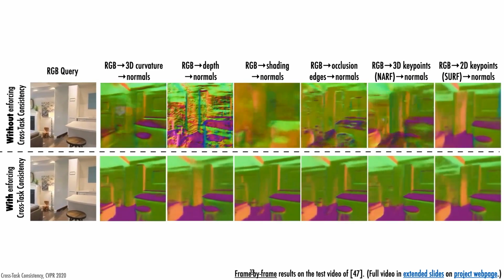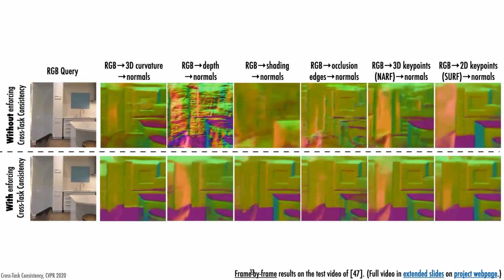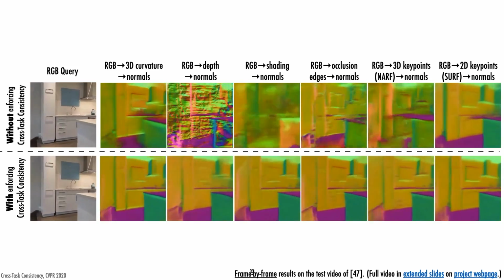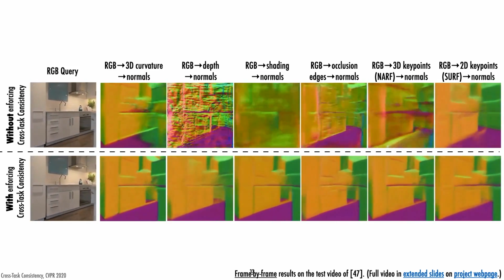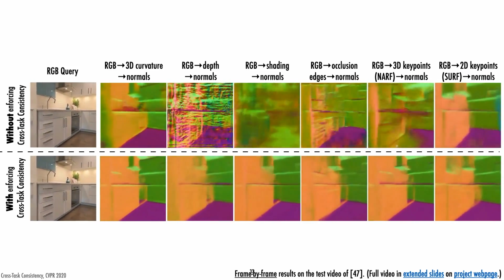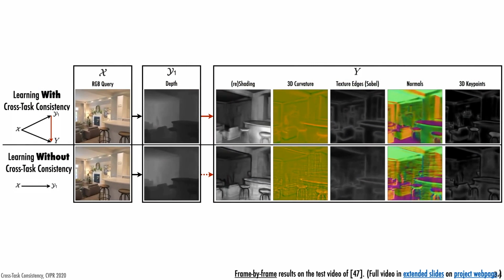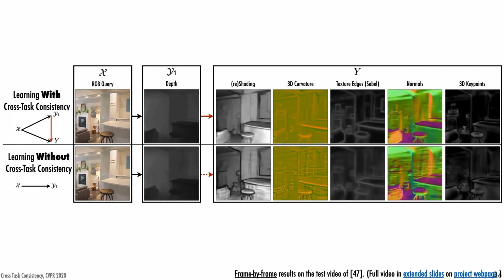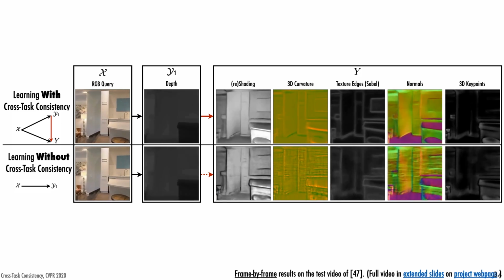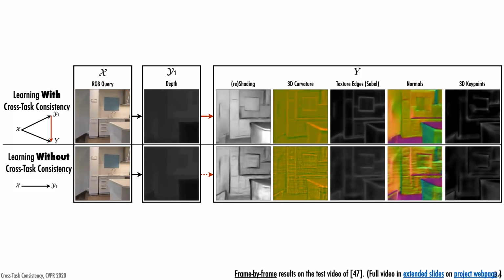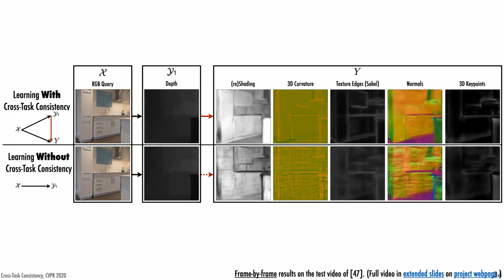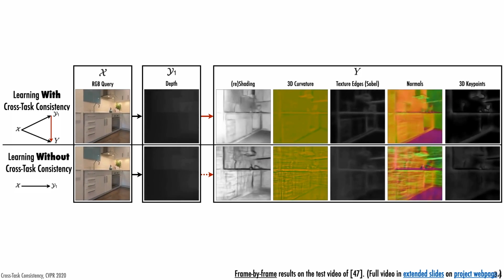So this is, again, for a triangle, extend that to many domains. So we make the middle domains consistent with all other domains if you can solve this for a full graph. This is another way of seeing the same results. Here you go from RGB to depth and then project depth onto the alternative domains. The lower row shows that without learning with cross-task consistency, and the upper row shows it with consistency.